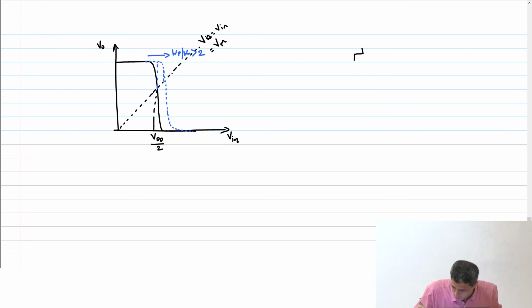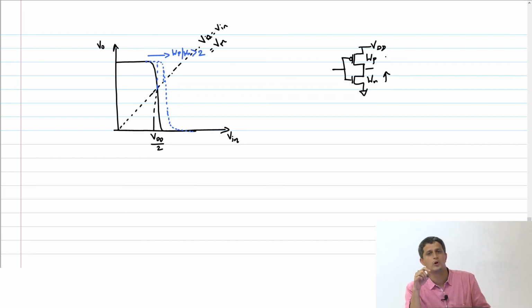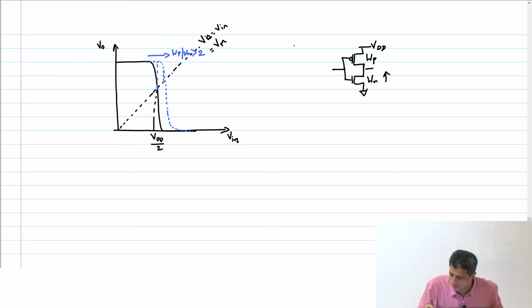Okay, let's maybe do this very clearly, so that maybe some of you who didn't follow my argument can follow. VDD. Now my Wn has gone up. Earlier my reference device was Wp by Wn equal to 2. Okay, this was my reference device.